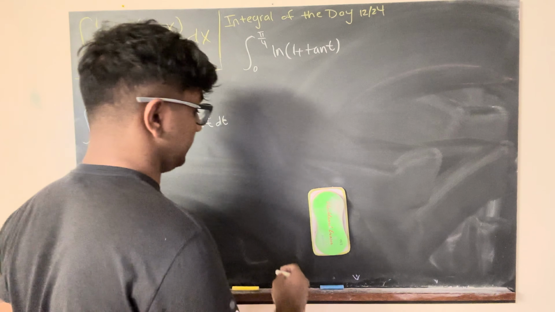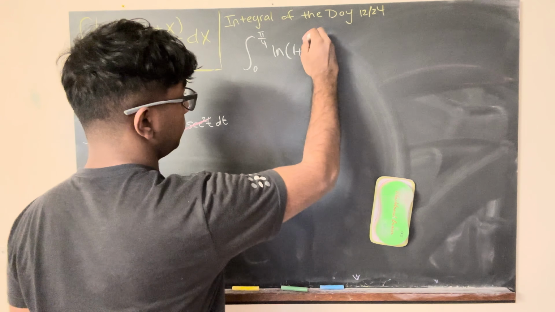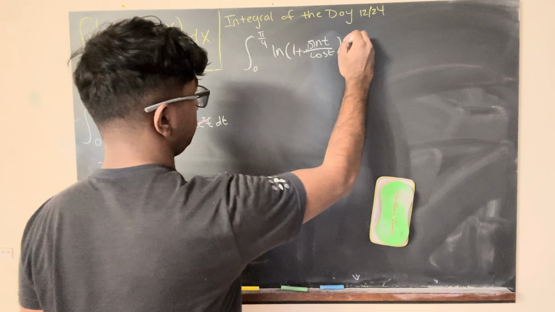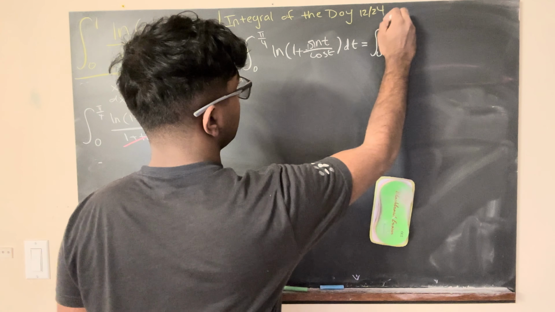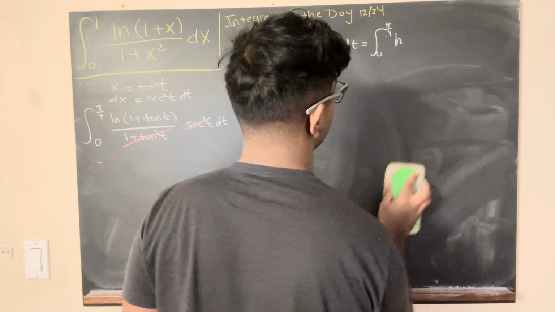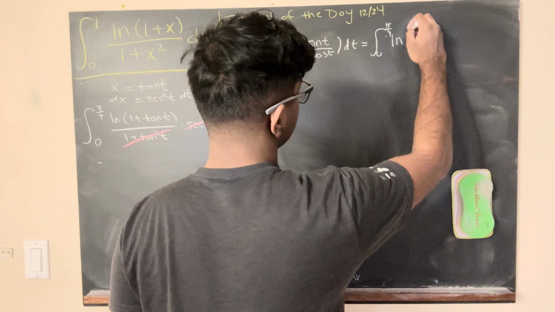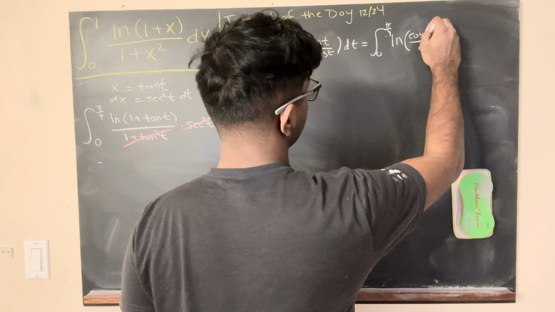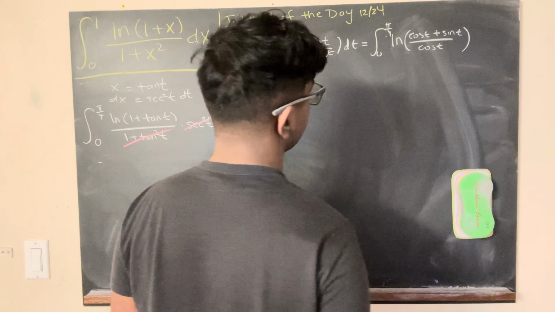We can rewrite tan t as sine t over cosine t, and we can make a common denominator, dt.